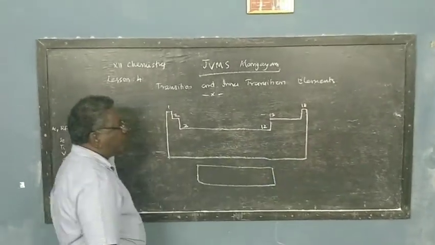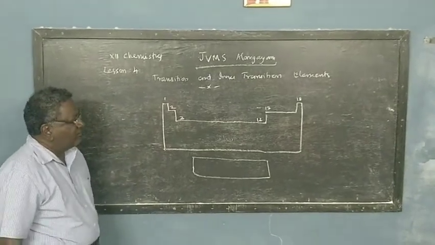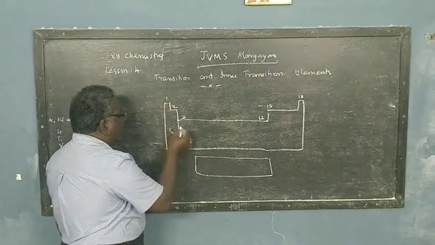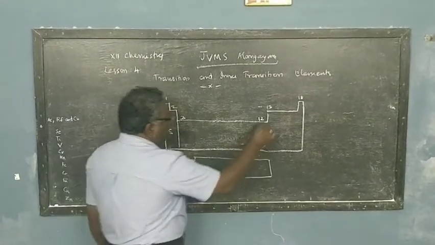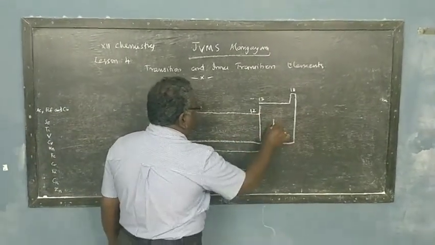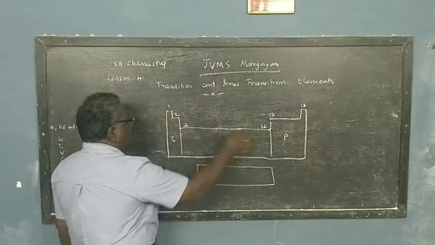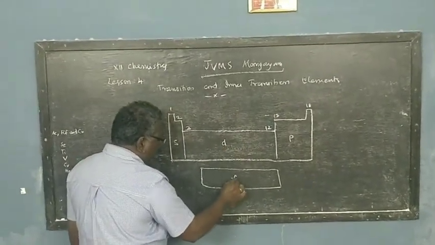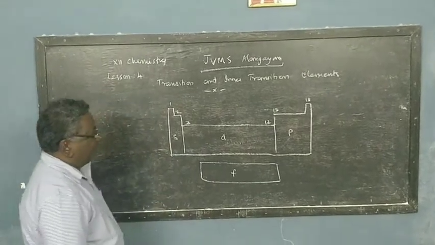There are 18 groups according to IUPAC rules. So the first and second groups are called S block elements. 13 to 18 are called P block elements. 3 to 12 are called D block elements. And the one at the bottom is called F block elements.